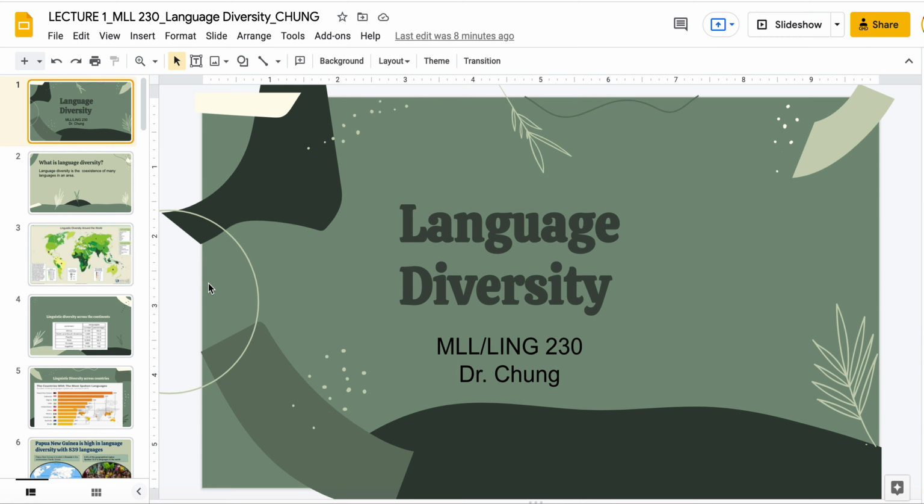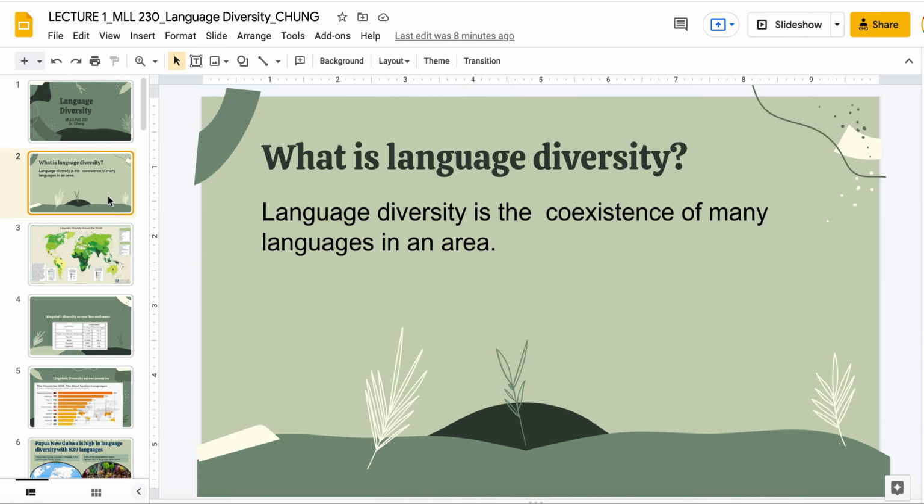And to begin, we're going to discuss what exactly is language diversity. So when linguists talk about language diversity, we're talking about the coexistence of many different languages in the area. So there might be an official language of an area, or a language that the majority of the speakers from that country speak.